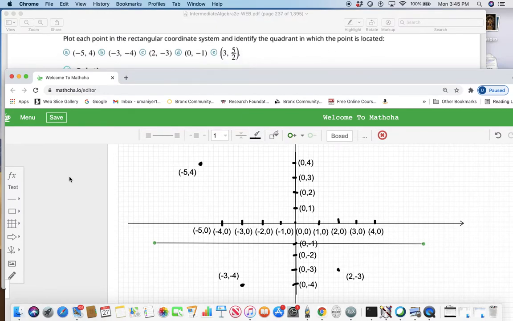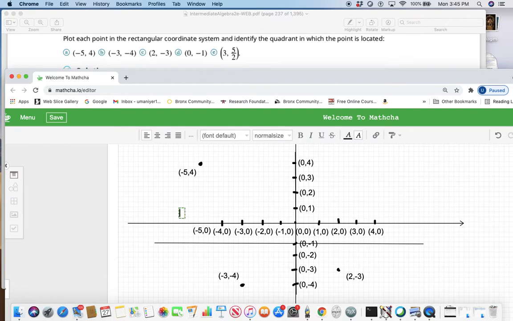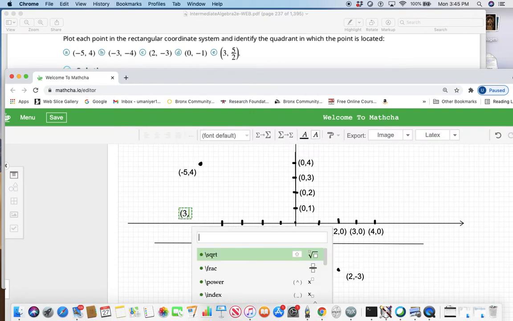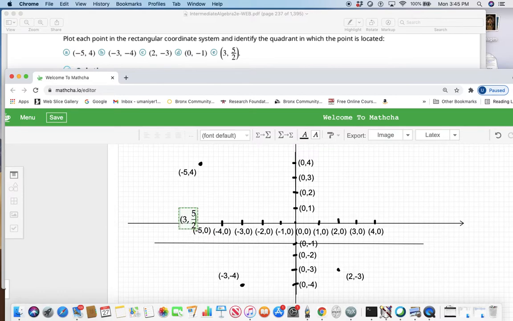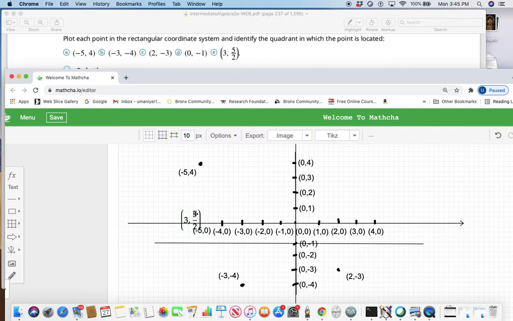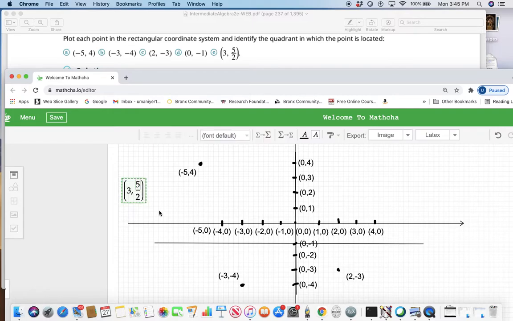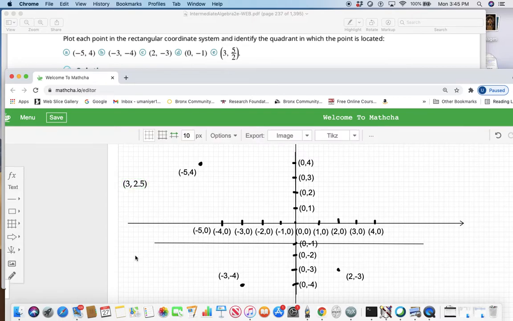3, 5 halves. Now look at that point, 5 halves. You might want to think of 5 halves as 5 over 2. That is 2.5. Now that's easier to see. So you want 3 on the x-axis.